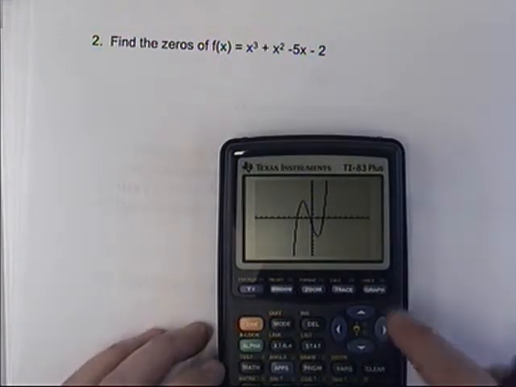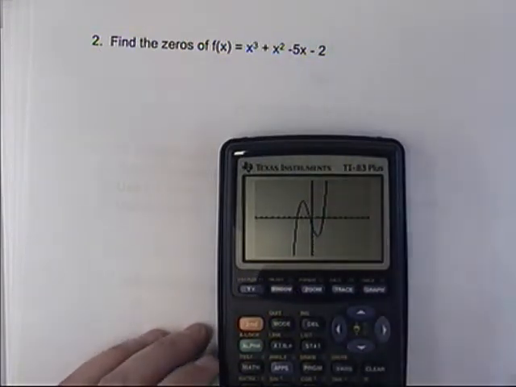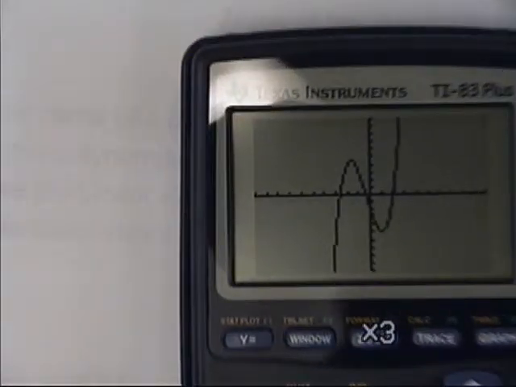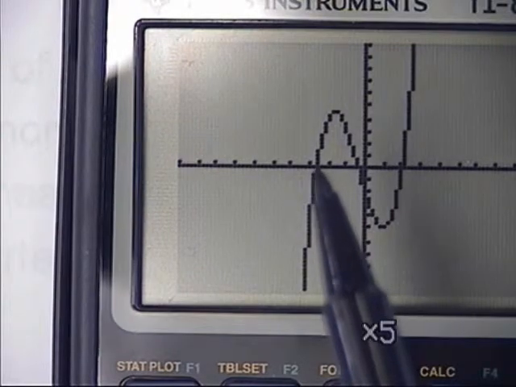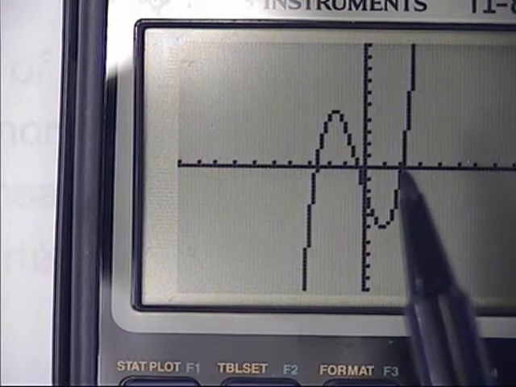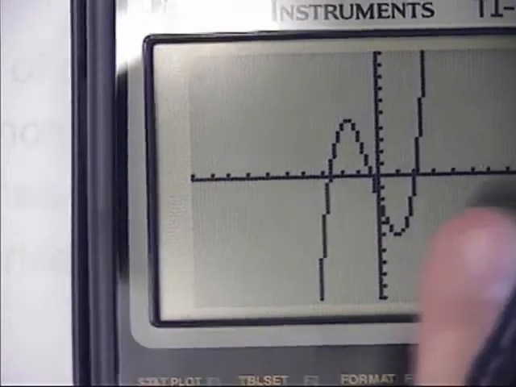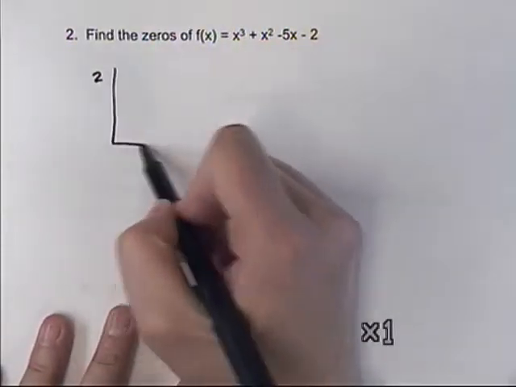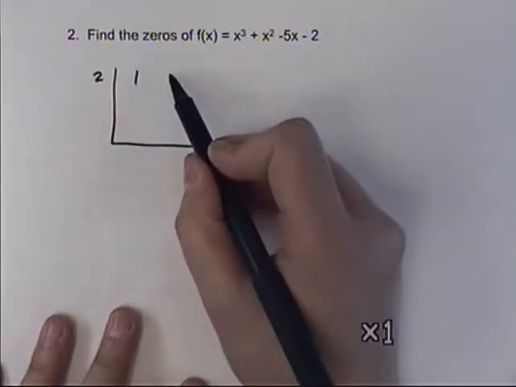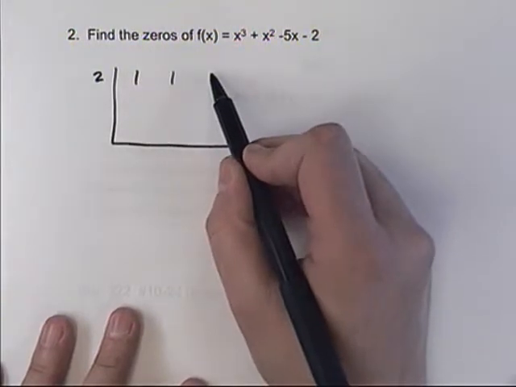Again, we've got some options. It looks like it crosses through. If I zoom in here, I don't think it's exactly at 0, and it doesn't look like a whole number, so maybe a 2, positive 2. So I'm going to use positive 2 as my first kind of cheating answer. Okay, so I'm going to use synthetic division and positive 2 as my solution that I think I have from the graph.